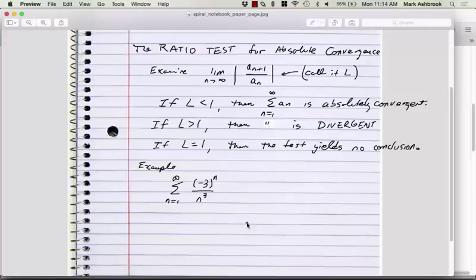So it's similar to the last one I showed, but the last one I had negative 1 to the n. Now it's negative 3 to the n. So that throws a wrench into things. But this is a good one to use the ratio test for. So we look at the limit as n goes to infinity. So using ratio test.